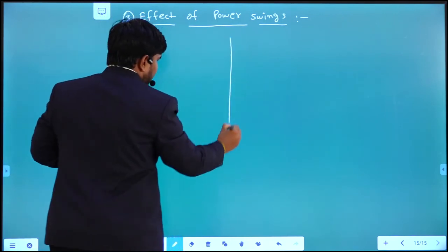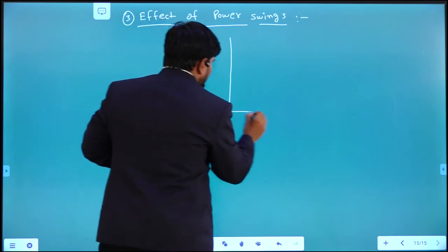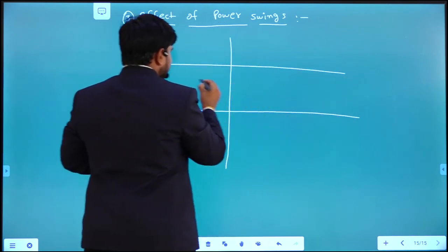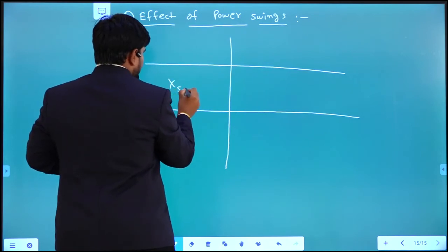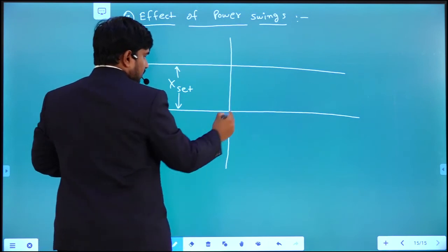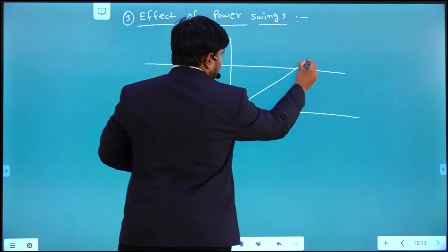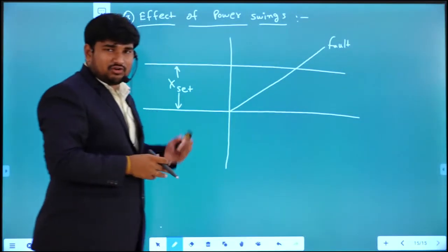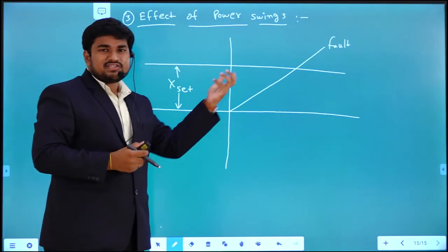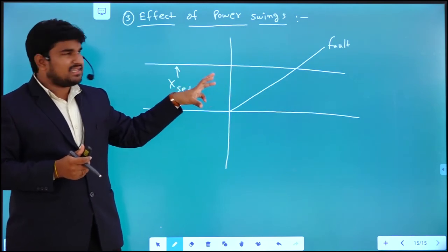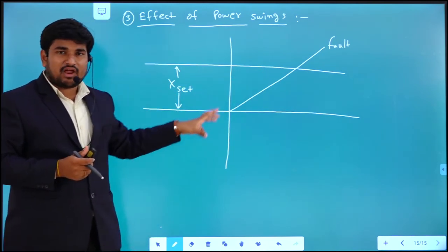Let us consider the same operating characteristics of the reactance relay. This is the X set value, and this is the fault characteristics without power swings. Now because of power swings, the current varies, right? As the current varies, the reactance will also vary.